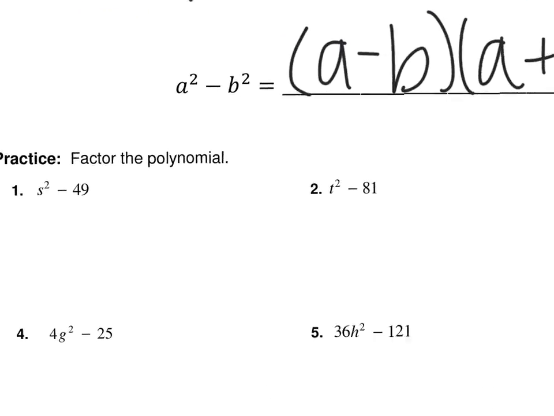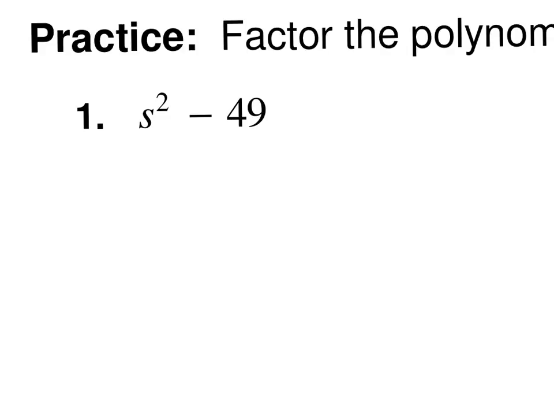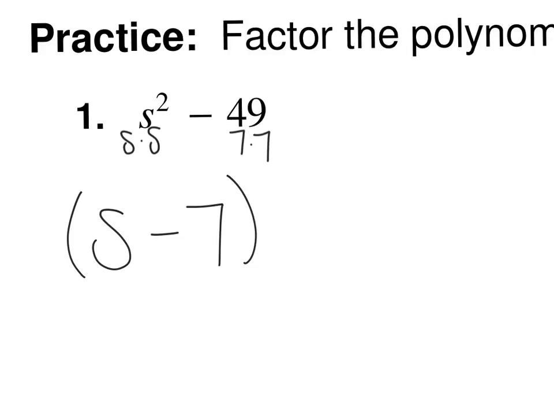So number 1 says s squared minus 49. Well, s squared is s times s. 49 is 7 times 7. So this is a difference, a subtraction of two perfect squares, so s times s and 7 times 7. So this factors really nicely into s minus 7 and s plus 7.